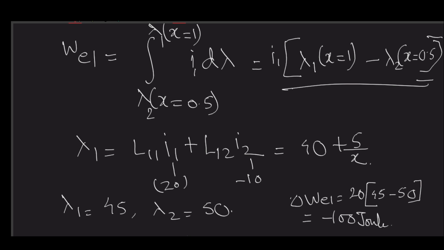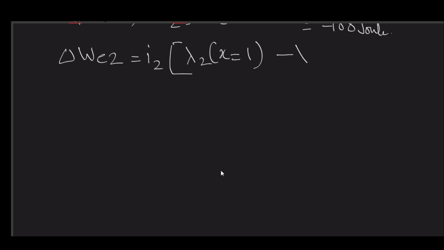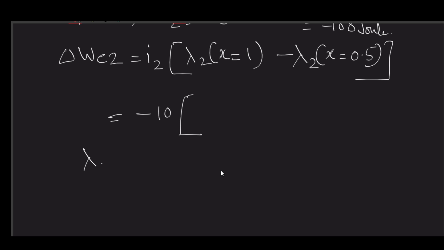Similarly, you can find out the energy WE2. Applying the same concept of a lossless energy system, it is lambda 2 at x equal to 1 minus lambda 2 at x equal to 0.5, multiplied by minus 10. Here lambda 2 is L12 I1 plus L22 I2.